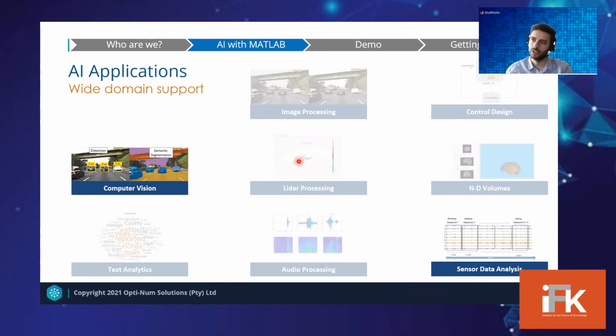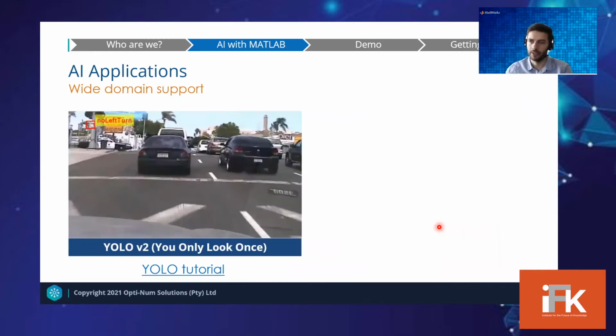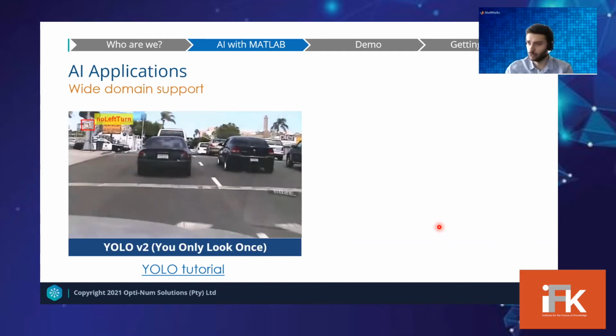In the next, I would like to focus on computer vision that you can see here on the left-hand side, and then here on the bottom right-hand side, there is sensor data analysis. So let's take a look a little bit more in the details. So here there is this example of deep learning detection using YOLO version 2.